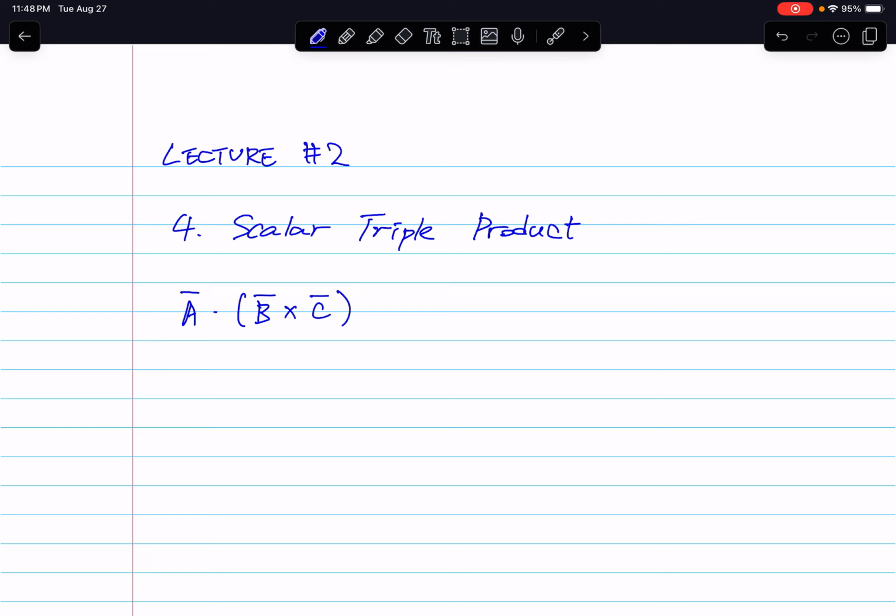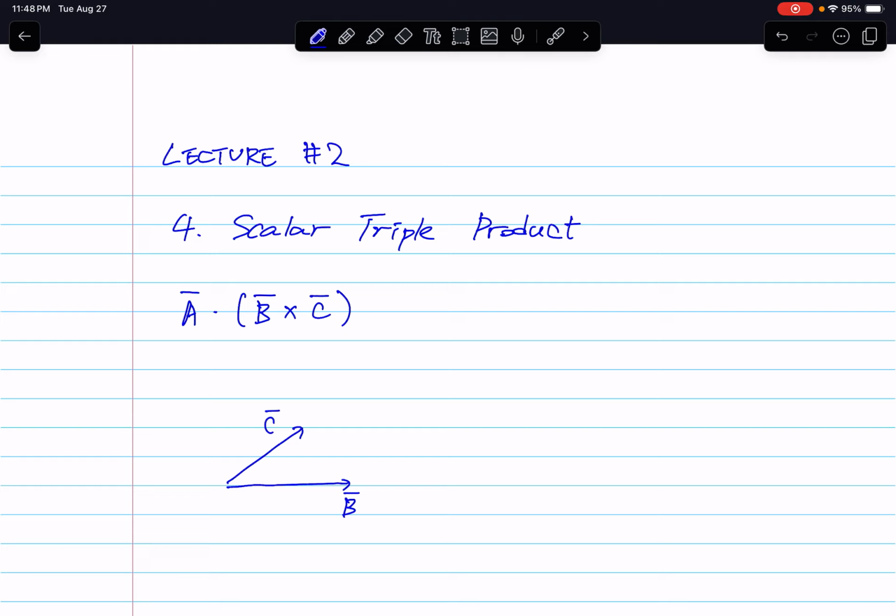So I'm going to draw a geometry to describe this. So if this is vector C and this is vector B, now let's think about what B cross C means.